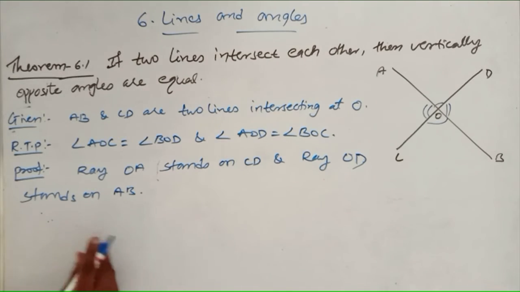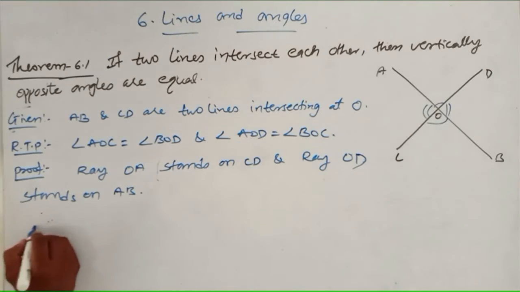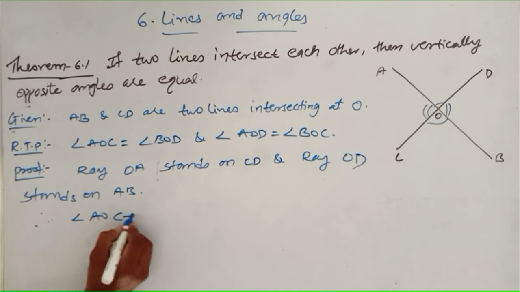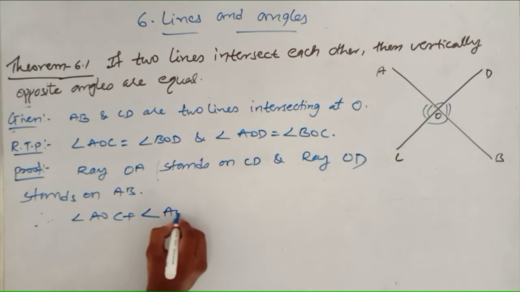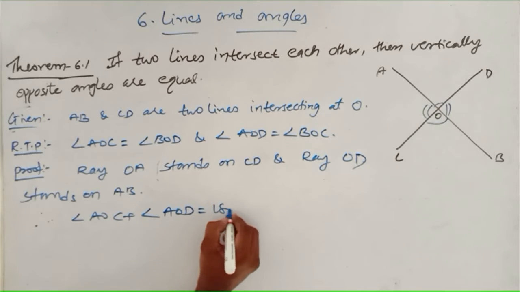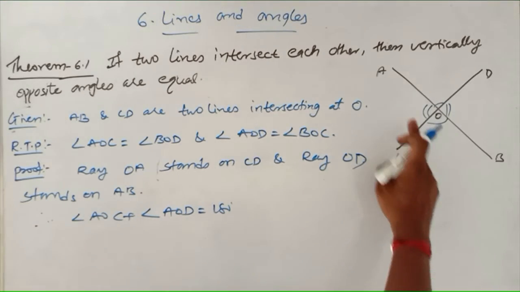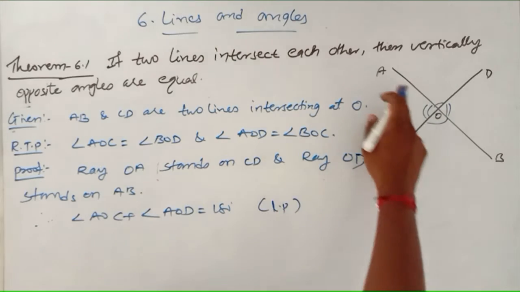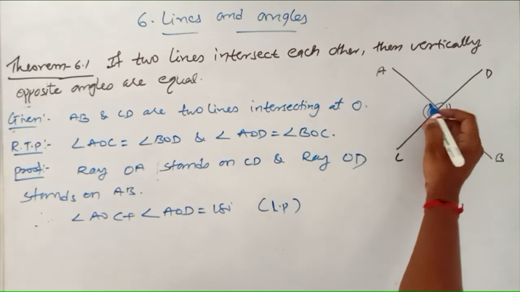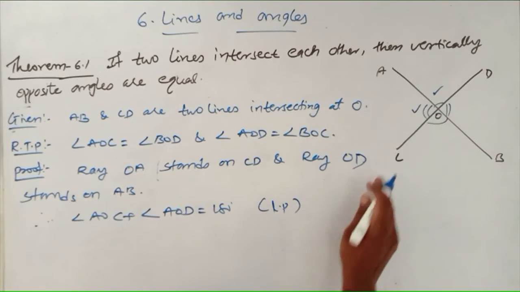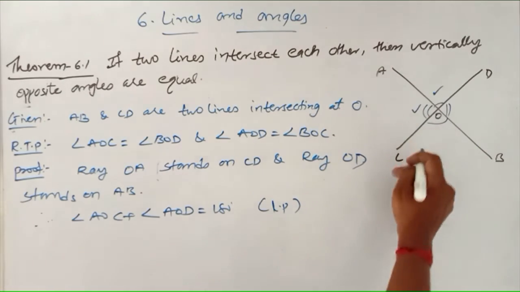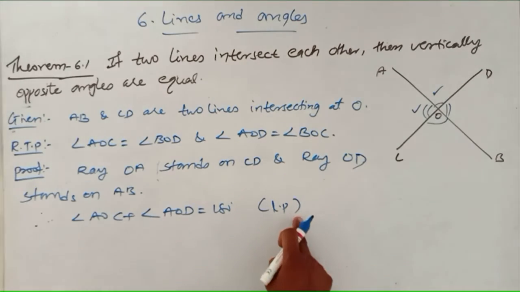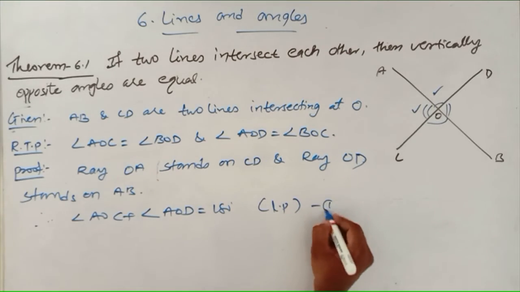Now see here, angle AOC plus angle AOD is equal to 180 degrees, because it is a straight line, it is a linear pair. OA stands on CD, so this is a linear pair here. These are the two angles, then angle AOC plus angle AOD is equal to 180 degrees. This is the first equation.